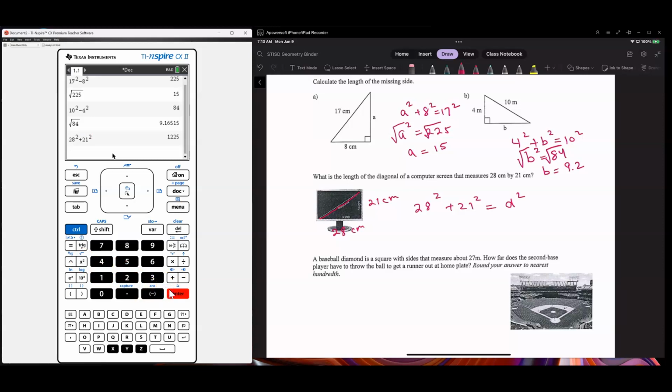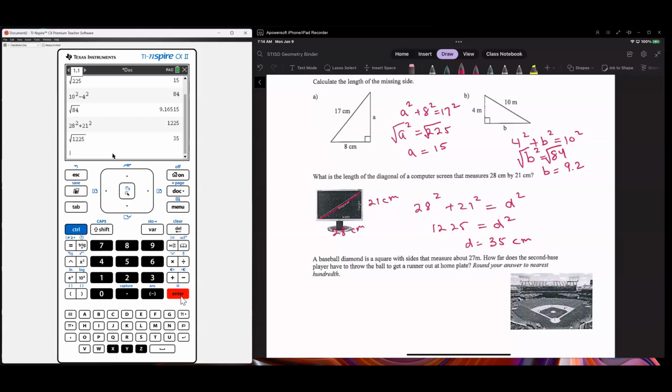Okay, so that gives you 1,225 equals d squared. What you're going to do next is get the square root of 1,225, and it's 35. So the length of the diagonal is 35 centimeters.